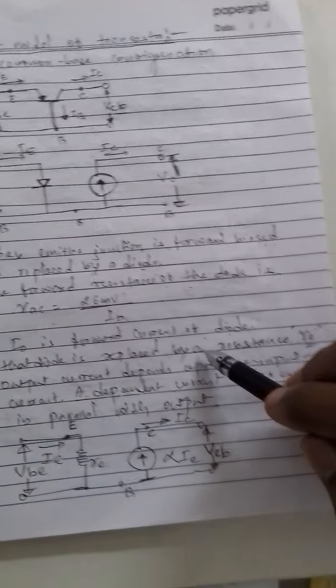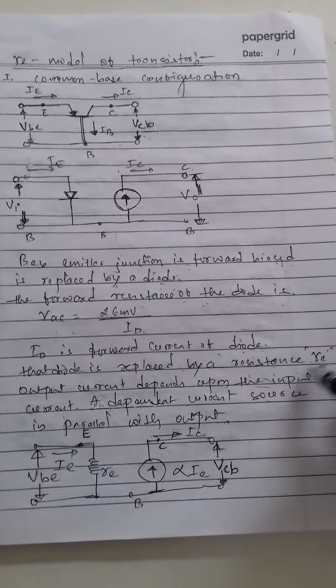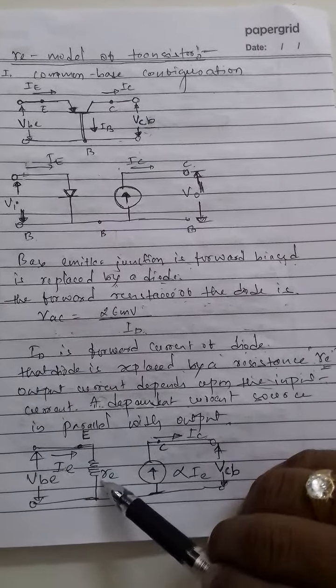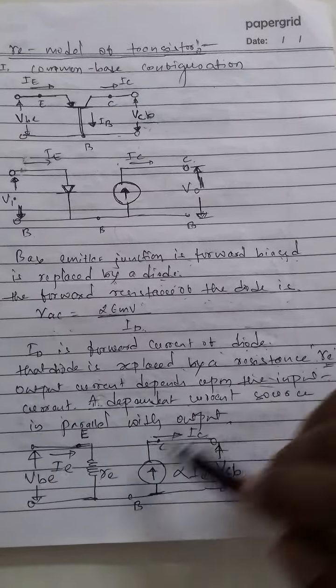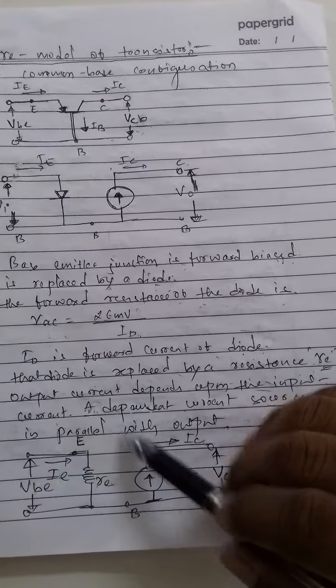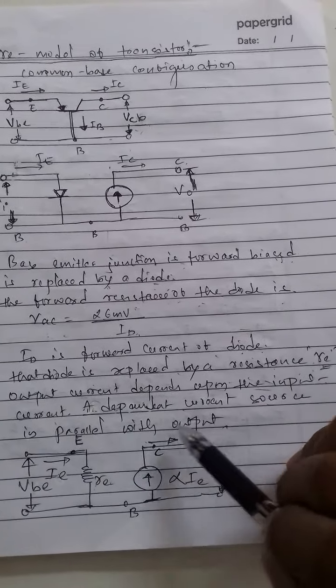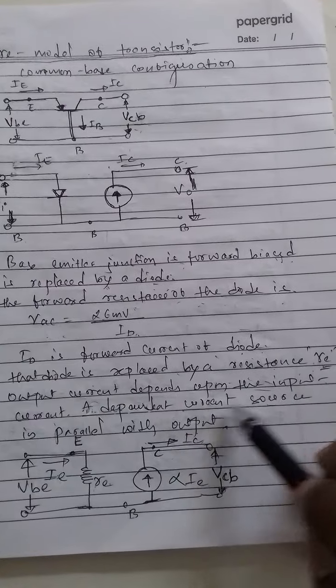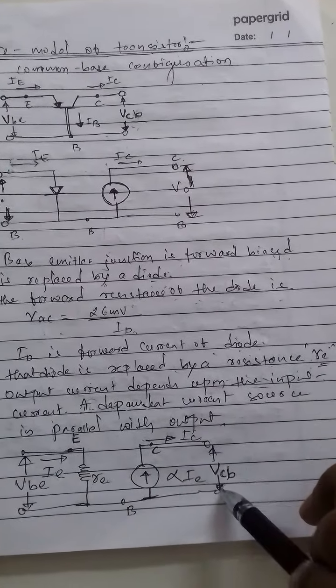This diode is replaced by a resistance re. The output current depends upon the input current, so a dependent current source is in parallel with the output.